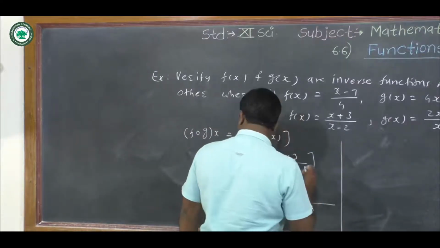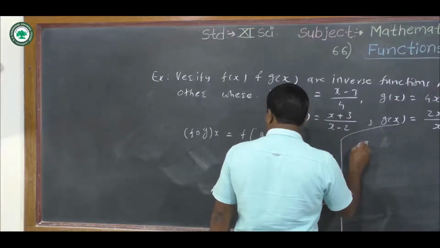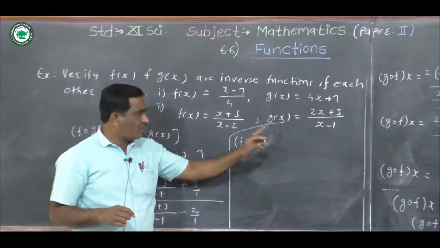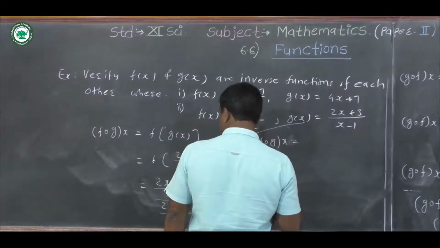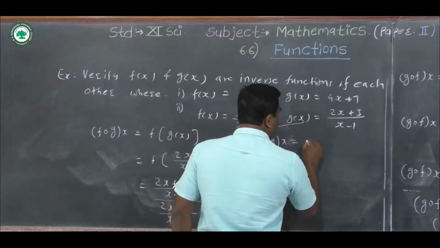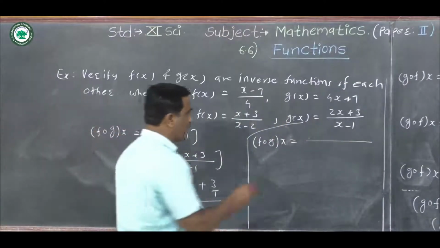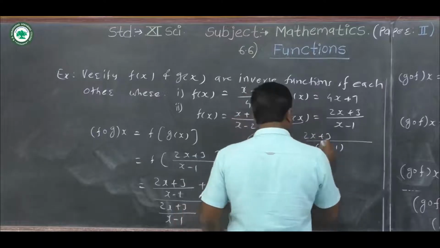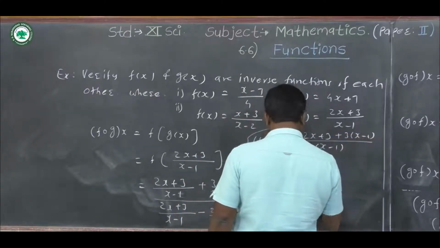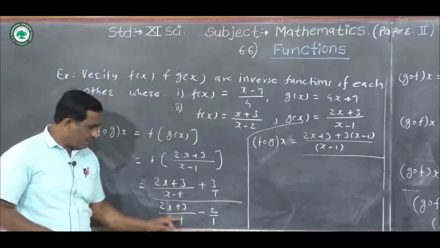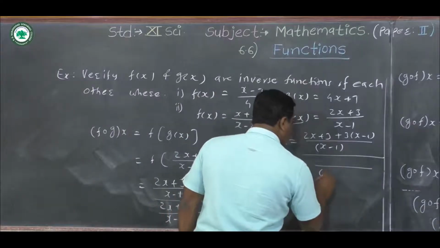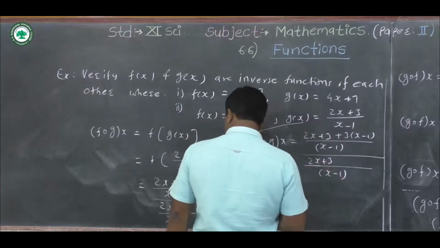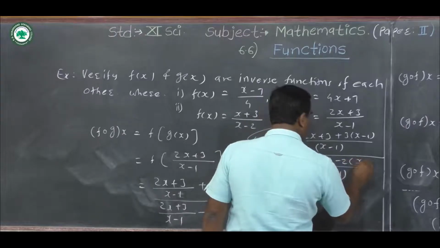That is, g composite with f of x is equal to, taking the product of denominators, x minus 1 into 1, x minus 1, cross multiplication: 2x plus 3 plus 3 into x minus 1, upon, here also taking addition, x minus 1 into 1 at the denominator, x minus 1 at the numerator, cross multiplication: 2x plus 3 minus 2 into x minus 1.